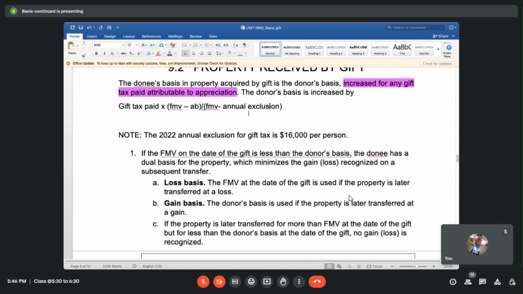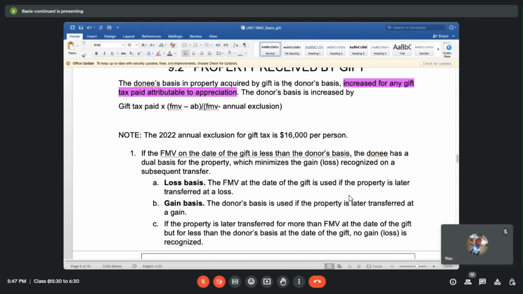First of all, if there is a gift tax paid, we have to make an adjustment to the basis. There could be two values. There could be the fair market value that we need to consider as of the date of the gift, or there could be the donor's basis.